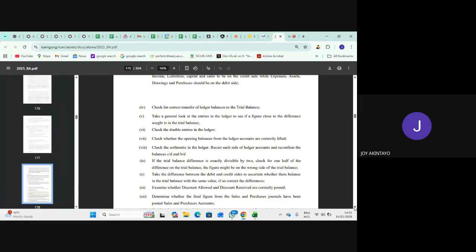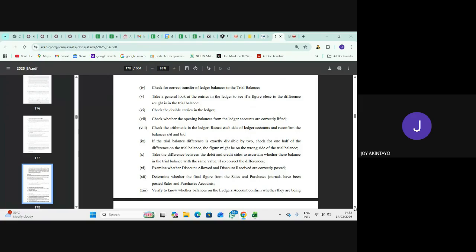Determine whether the final figures from your sales and purchases journals have been posted to the sales and purchases accounts. You check your sales and purchases accounts if what you have in your listing are posted correctly.